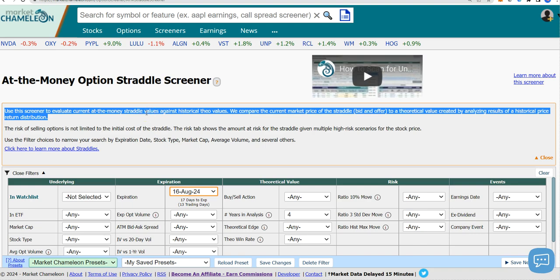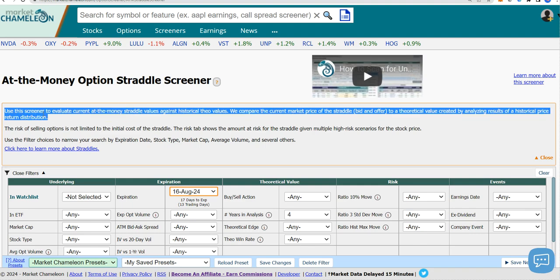And you are basically betting that the stock will go up or down post an event, which is most likely an earnings event. So it's not gambling, more like an educated guess that the stock will move more than the price that you pay for the call and the put simultaneously. And that's why you don't care if the stock will go up or down. You just care that it will go up or down more than the amount that you pay for the options.